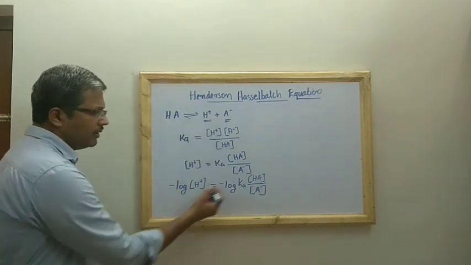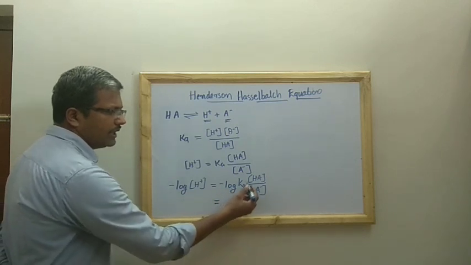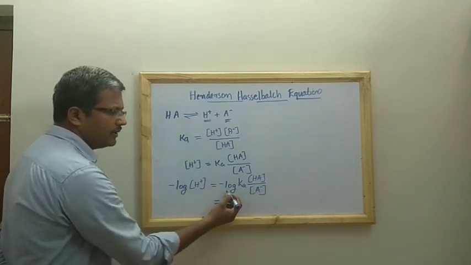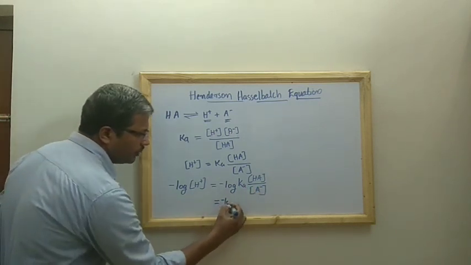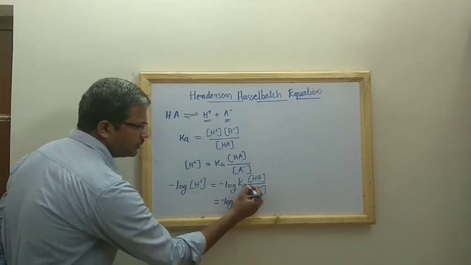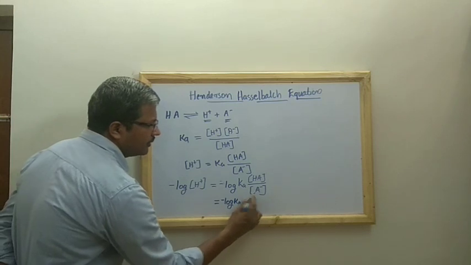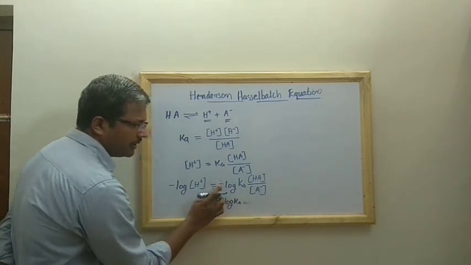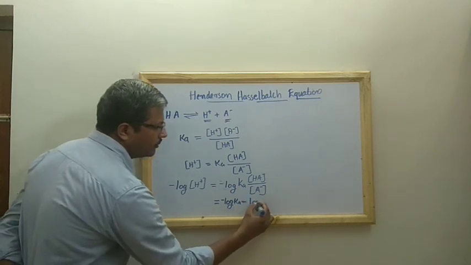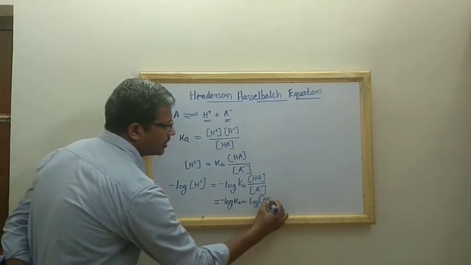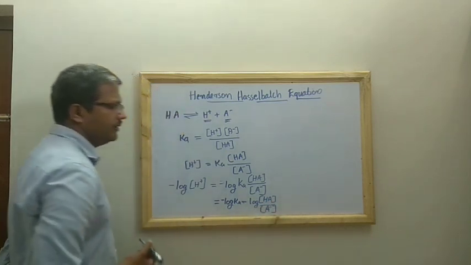Now we know that this can be rewritten as log Ka into this one. So it will be minus log Ka plus log of this one. As the minus is there, we have to put minus also there. So minus log Ka, minus log HA divided by A minus.